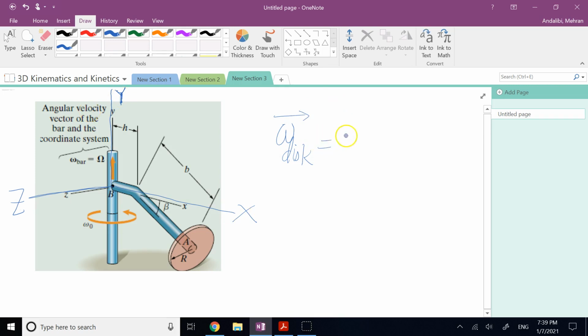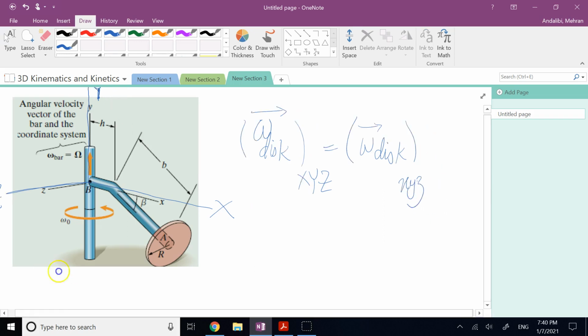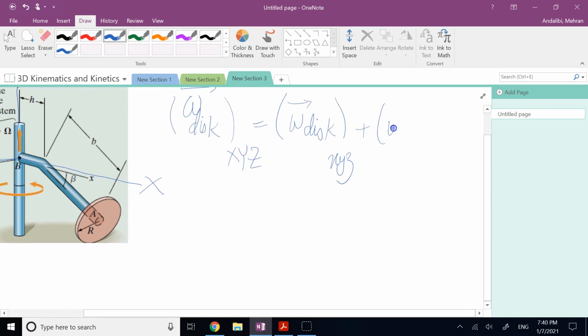Well, I say if I can find the omega of the disk relative to what? Relative to this frame xyz. So if you want, I can use this notation. Omega of the disk in capital XYZ is equal to omega of the disk with respect to small xyz plus omega of this small xyz itself with respect to capital XYZ.